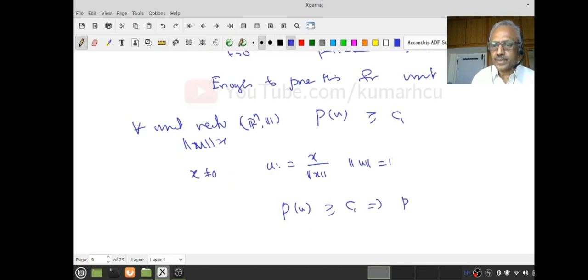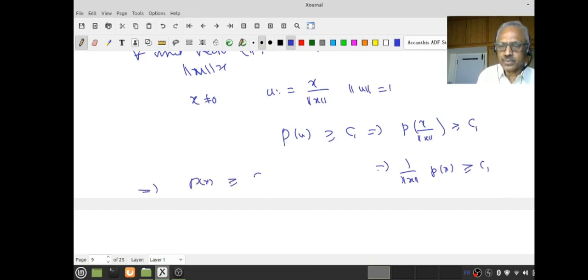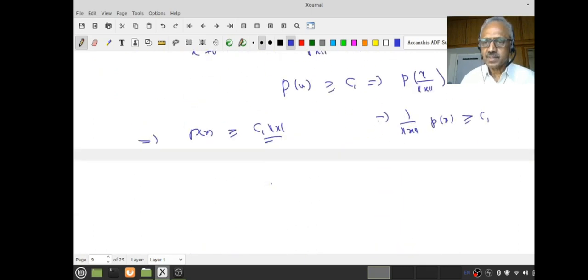That will imply P of x by norm x is greater than or equal to C1. But 1 by norm x is a positive constant and P is a norm. Therefore, 1 by norm x times P of x is greater than or equal to C1. That means P of x is greater than or equal to C1 times norm x. So I have proved the result. Have you understood? Pause, review, proceed.